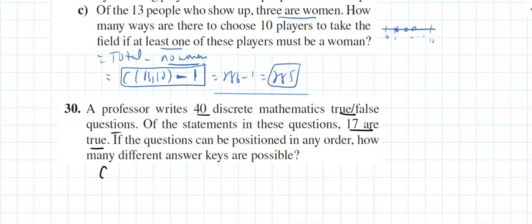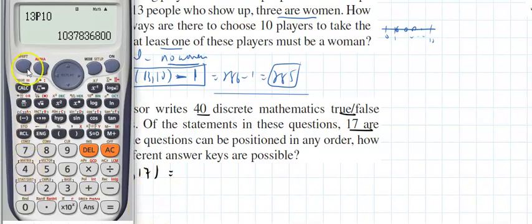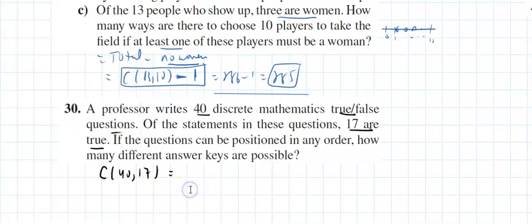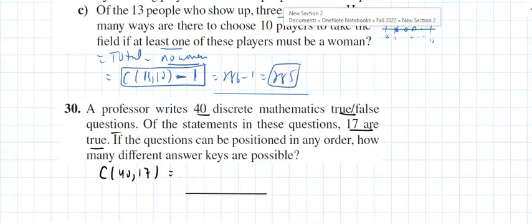Well, in this case, out of the 40 questions, 17 are true, whatever that number is, because the order doesn't matter. And if I go for 40 nCr 17, that many. Too big of a number. And that's pretty much it for this section.